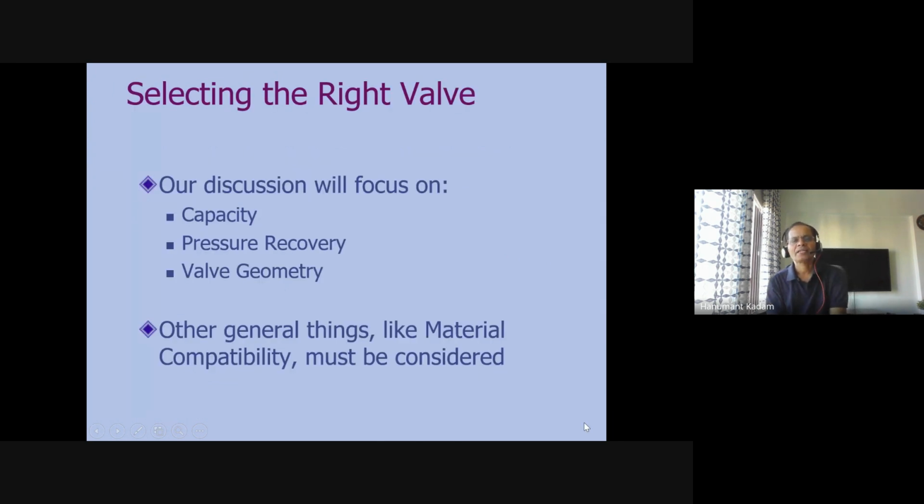So, selecting the right valve. Our discussion will focus on capacity, pressure recovery, and valve geometry. We'll see them one by one. These three important parameters are for selecting the right valve. Other general things like material compatibility must be considered.